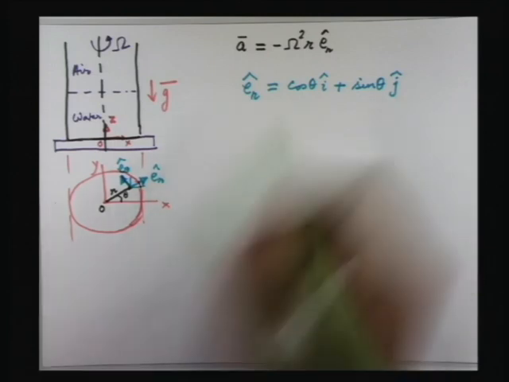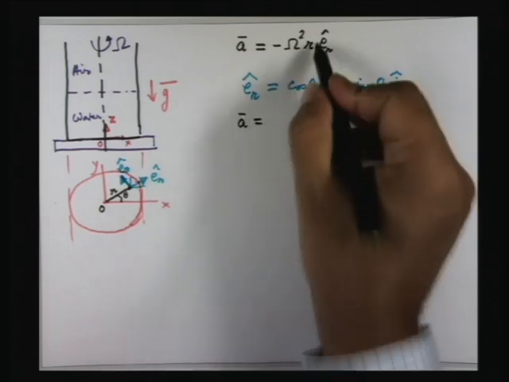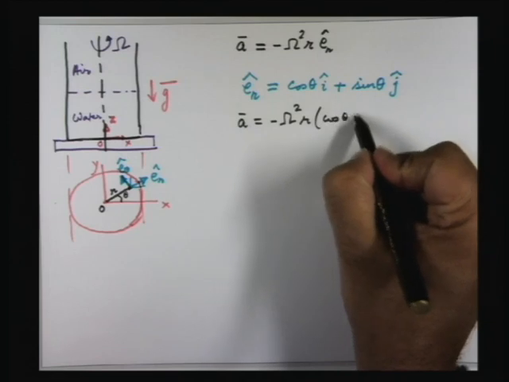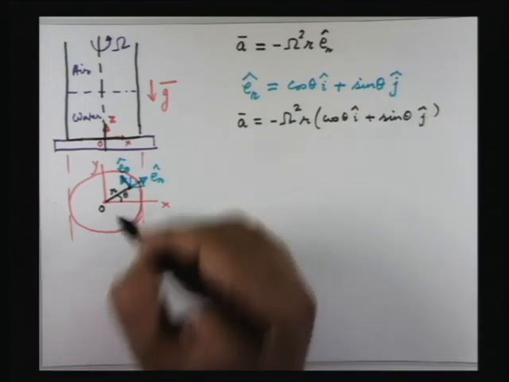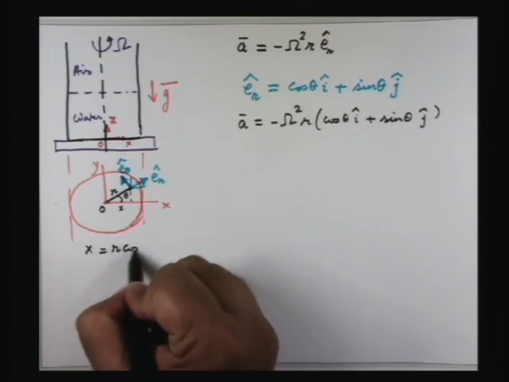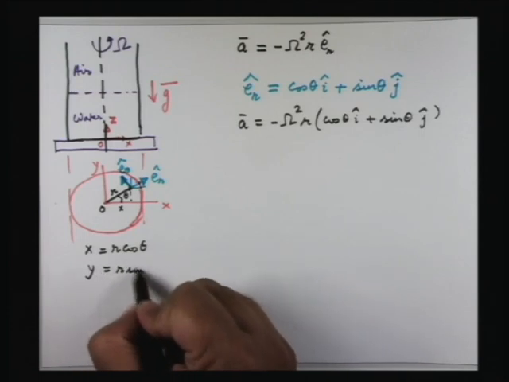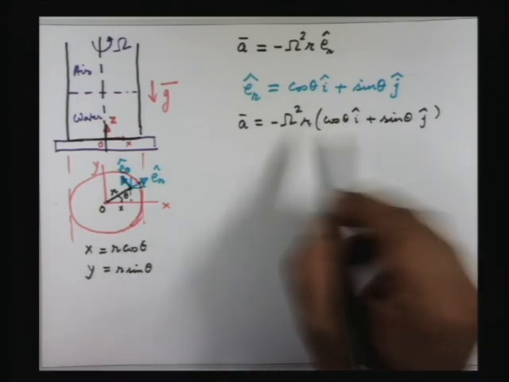So the acceleration, if you want to use the Cartesian coordinates, you can write as, from here, minus omega squared r times cos theta i plus sin theta j. Now if we drop a perpendicular here, this is x, which is r cos theta, and y is r sin theta. So you can either use Cartesian coordinates x, y, z or cylindrical coordinates r, theta and z. We see that r cos theta is x and r sin theta is y.